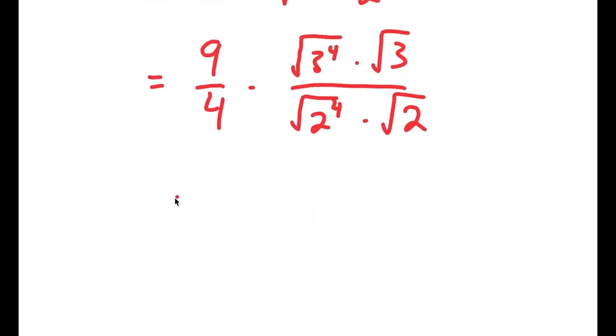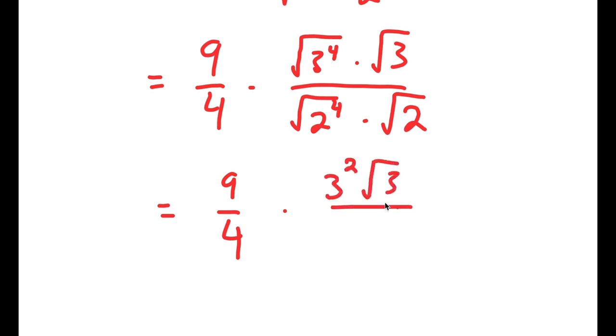Now the square root of 3 to the power of 4, that's equal to 3 to the power of 2. So I get 3 to the power of 2 times the square root of 3 over this same thing with the square root of 2 to the power of 4. That's equal to 2 squared times the square root of 2.